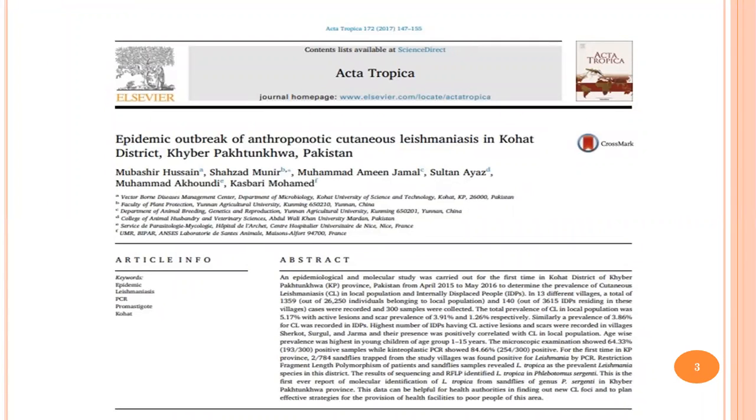The research paper I have taken is from Acta Tropica, and the reason for selecting this research paper is because this is the first molecular study of leishmaniasis in the local population of Kohat and internally displaced people coming from war-affected zones. The number of leishmaniasis cases has increased in the last few years during migration of IDPs from cutaneous leishmaniasis endemic areas.